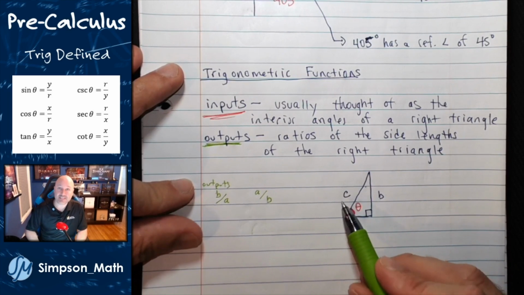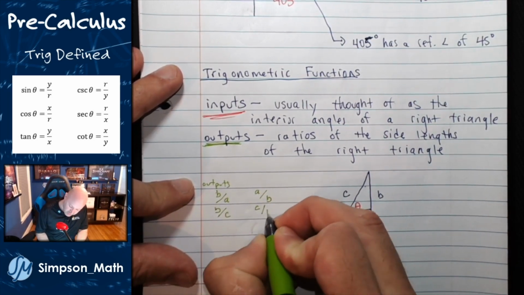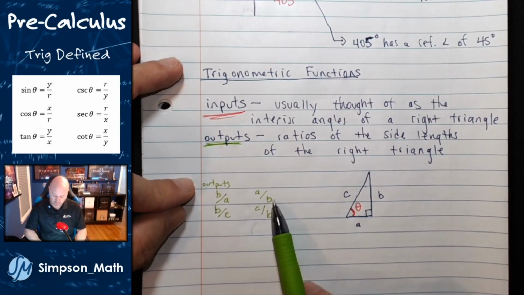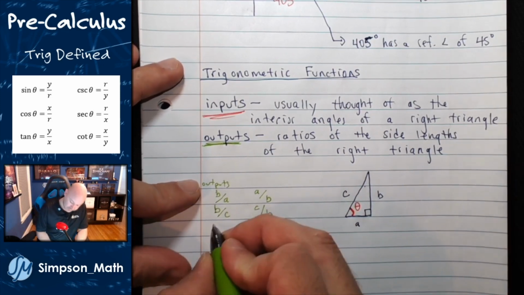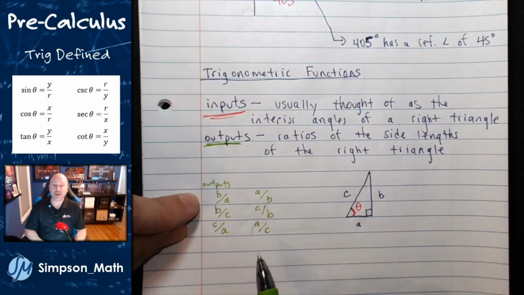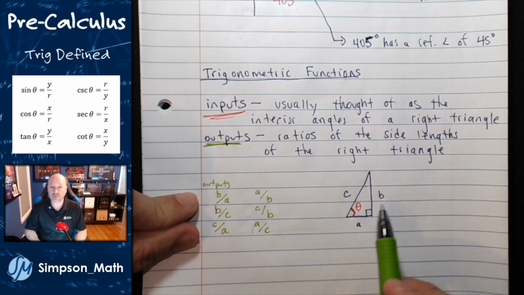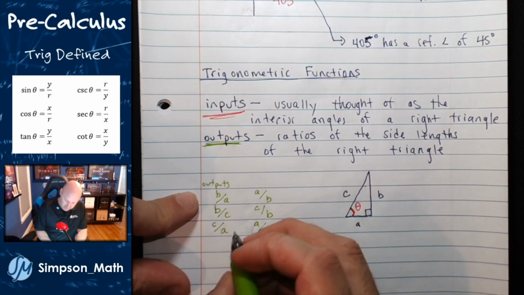B over C, C over B. And how many of these ratios will there be in total? 1, 2, 3, 4. Looks like I could do C and A. So there are 6 possible ratios, these outputs, and those are the 6 trigonometric functions.